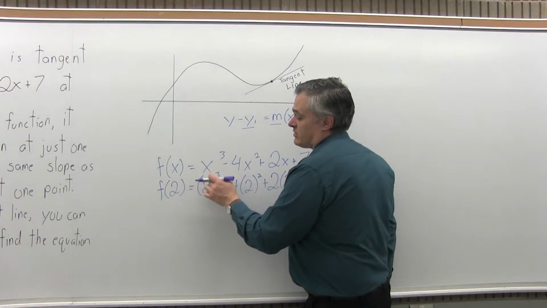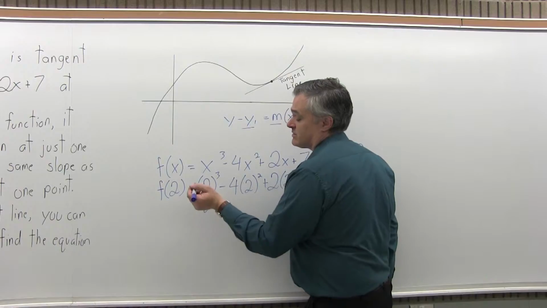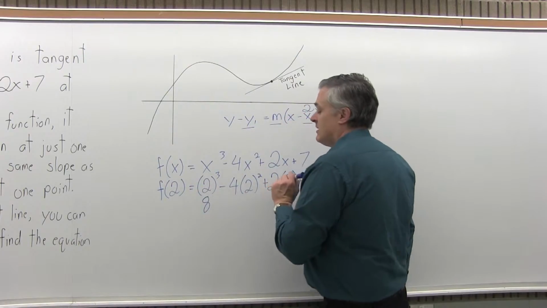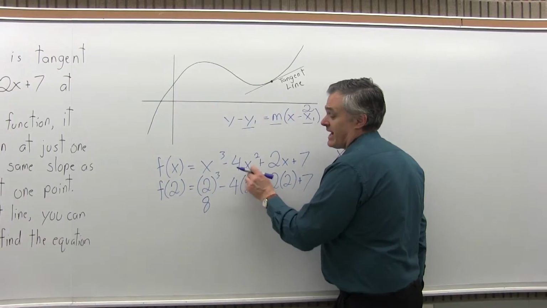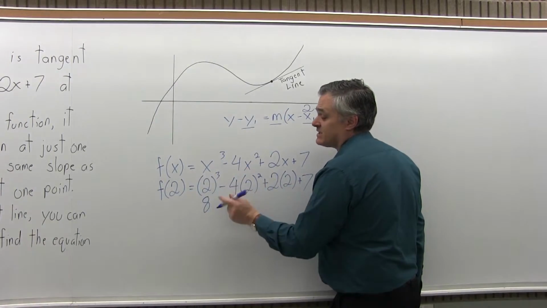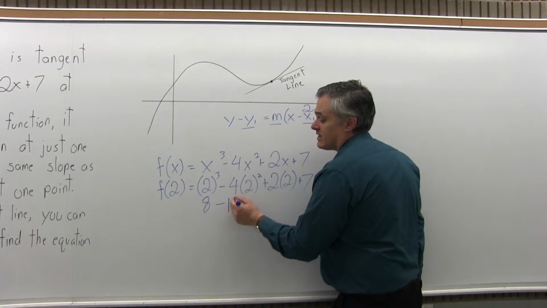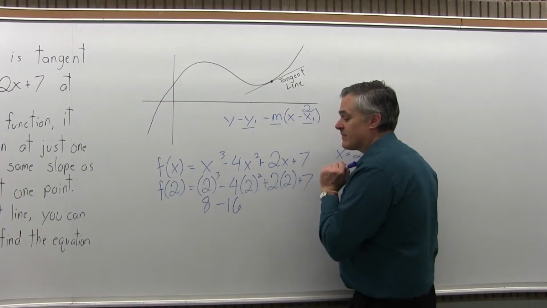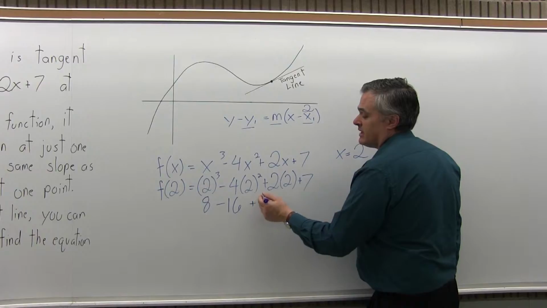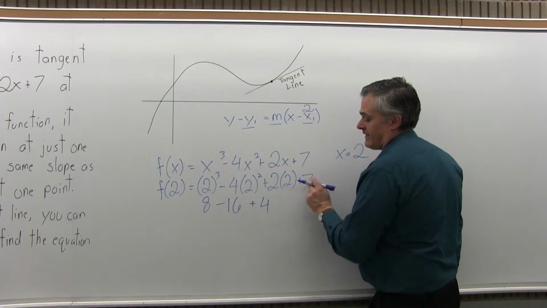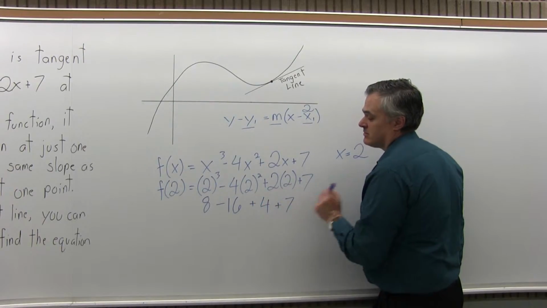So the first part, 2 to the third, 2 times 2 times 2 is 8. Now, 2 to the second is 4, times the 4 in front is 16, and it's being subtracted. So I have 8 minus 16. And then the next part, 2 times 2, is 4, and then plus 7 more.